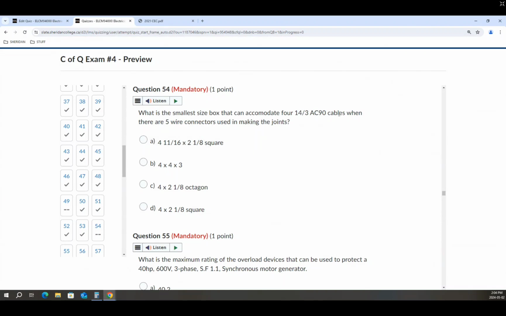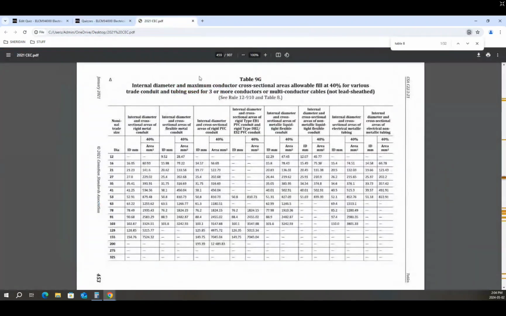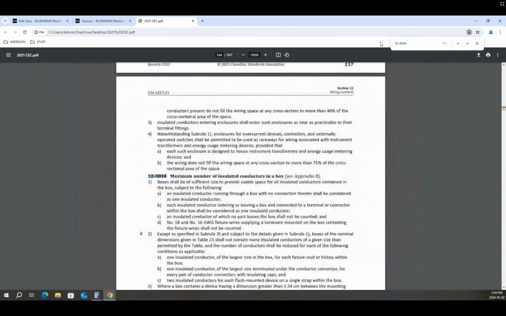54. What's the smallest size box that can accommodate 14.3 AC cables when there are 5 wire connectors used in making the joints? And again, with this one, we're using box fill. So 12-3034.